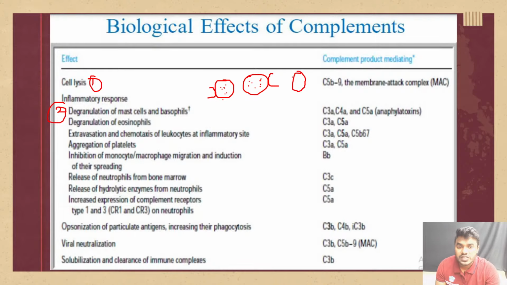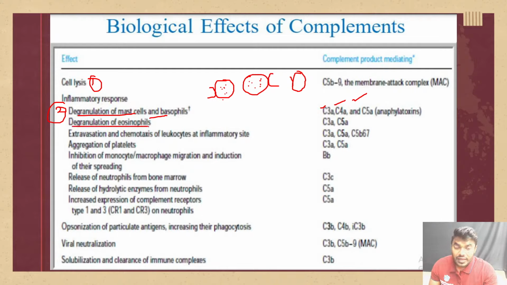On the eosinophils also FC receptors are present. What is the point you have to remember? To the mast cell and basophil, C3A, C4A and C5A come and attach. And friends, they help in degranulation, breaking down those granules and releasing all the chemical mediators present in the mast cells and basophils. Kindly do not get confused with that point.